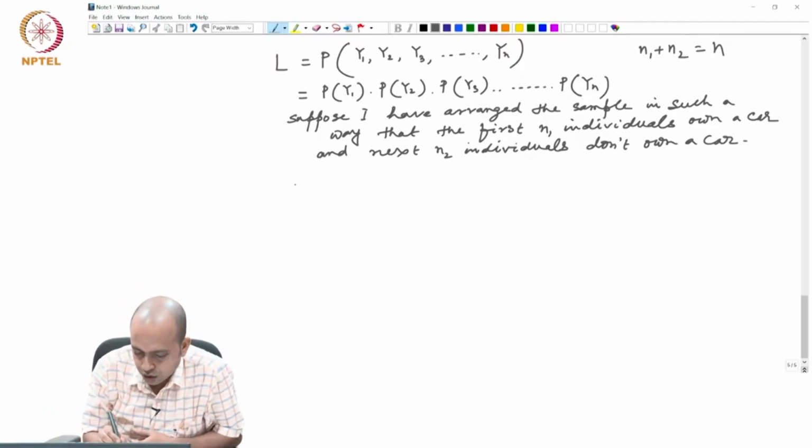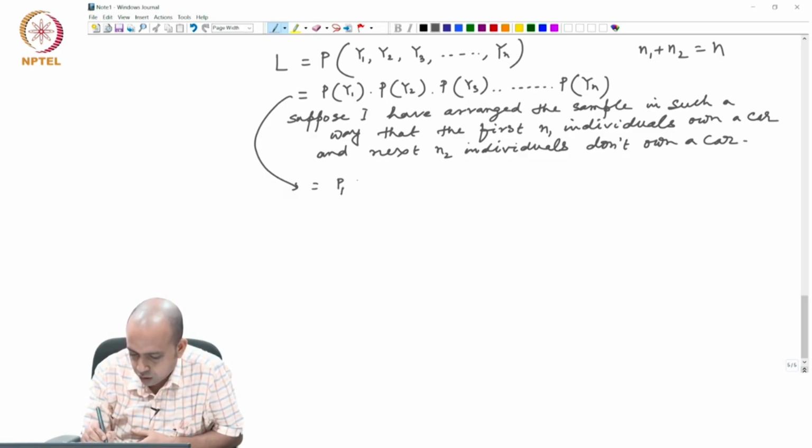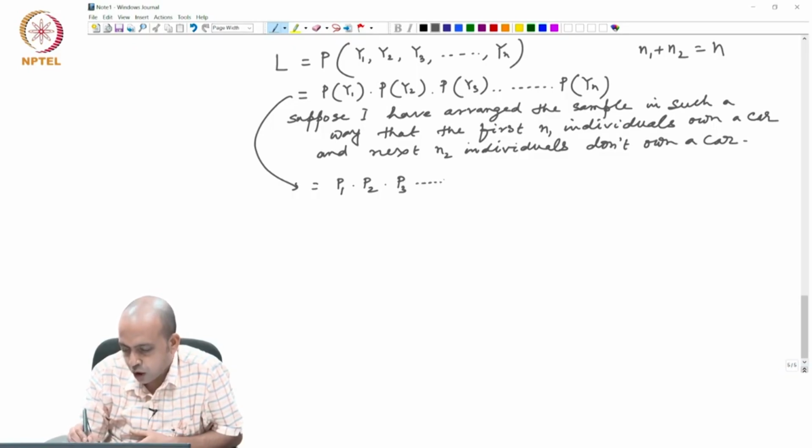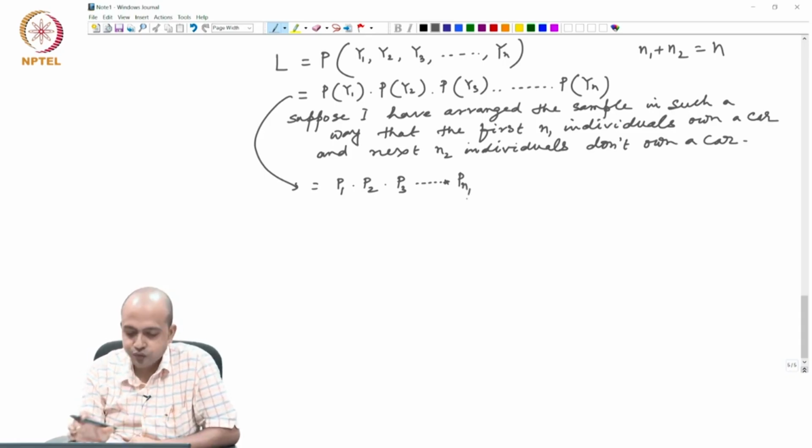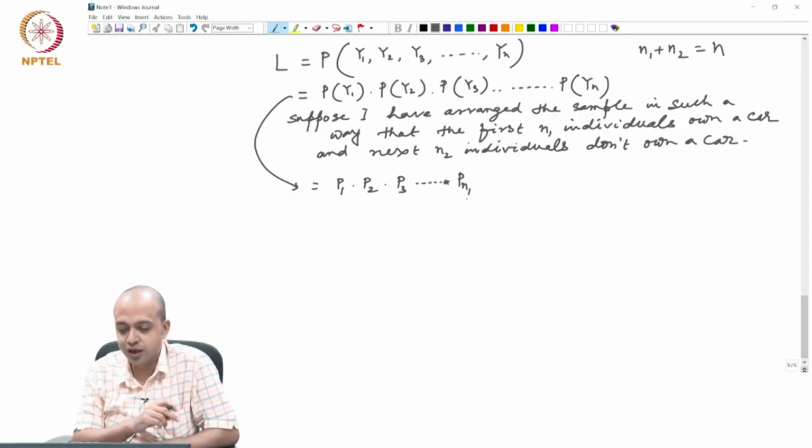So, from here I can write it equals p1 multiplied by p2 multiplied by p3. How long will this continue? Up to p of n1, because the first n1 individuals own a car, that is why p1, p2, p3 dot dot dot p n1.